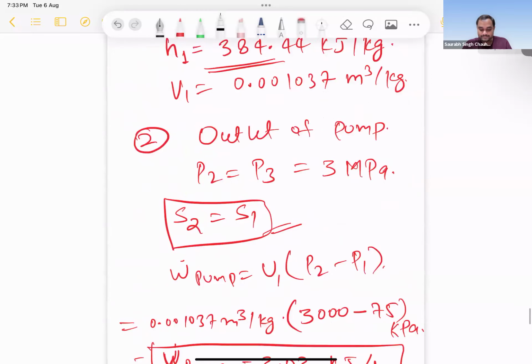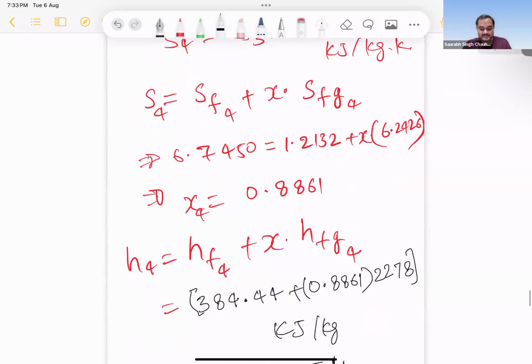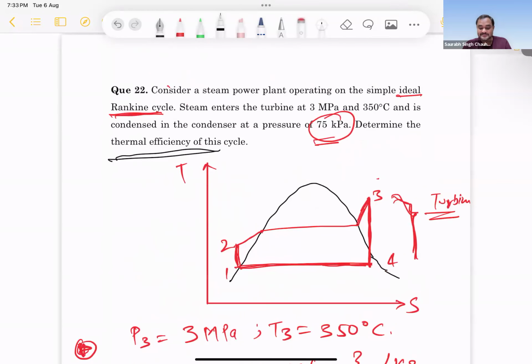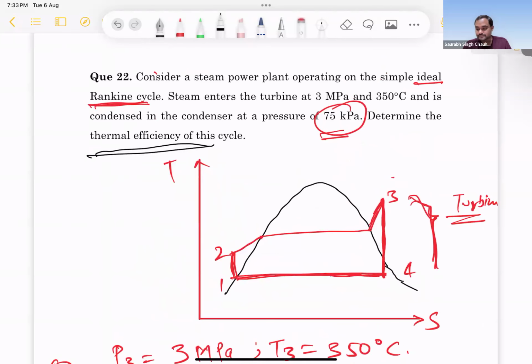For the numerical, the most important thing is that you should have the values at all the points, especially the enthalpy values. To find any values, you need at least two variables to determine the state of the system. Sometimes it is given in the question, and sometimes you need to find it by yourself.